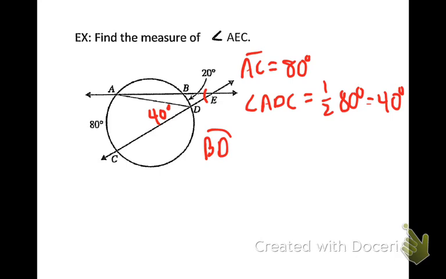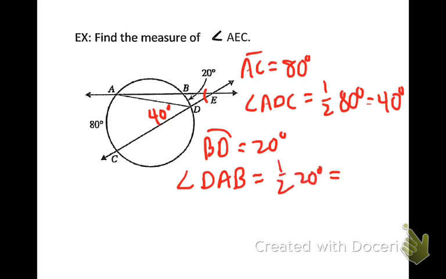Arc BD is equal to 20 degrees. So from that, I know angle DAB is equal to 1/2 of 20 degrees, which is equal to 10 degrees. So that's 10 degrees.